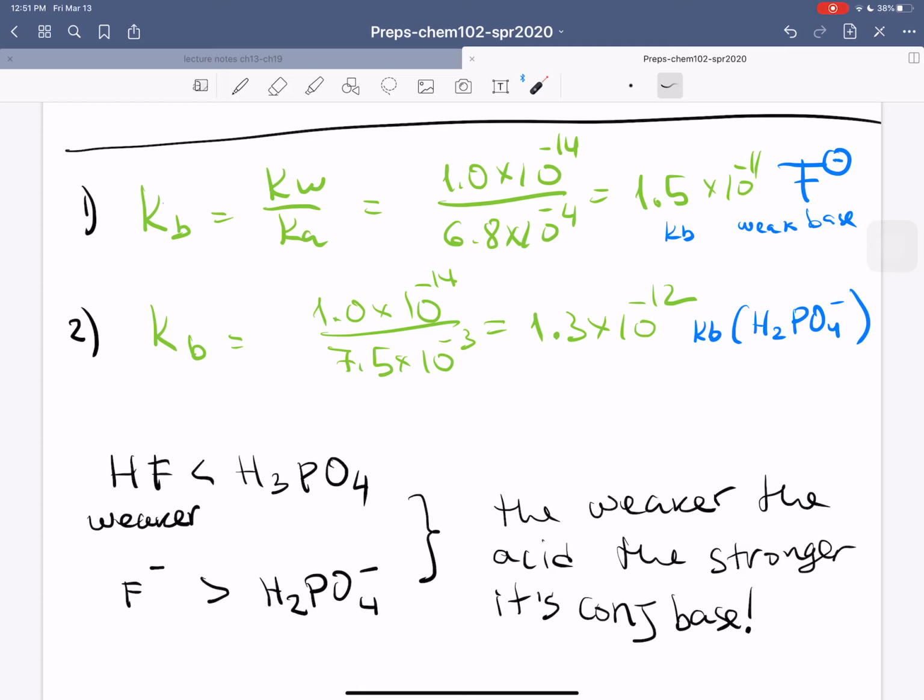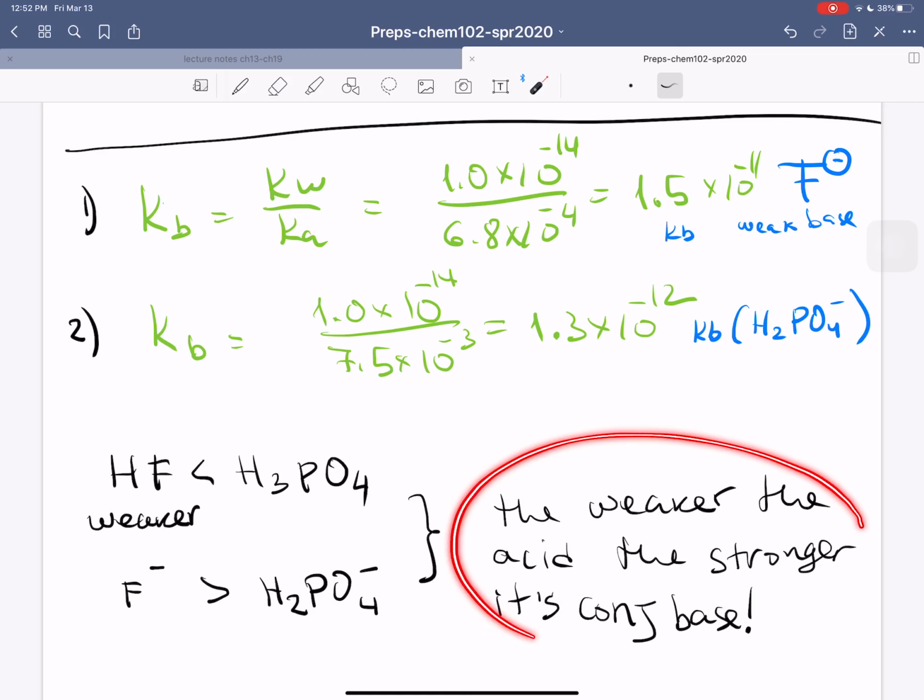So when we have a strong acid, its conjugate base has negligible basicity, and if you have a strong base, its conjugate acid will have negligible acidity, right? And it can be seen from the calculation that we just did, from this relationship. Speaking about weak acids and weak bases, the weaker the acid, the stronger its conjugate base, right?